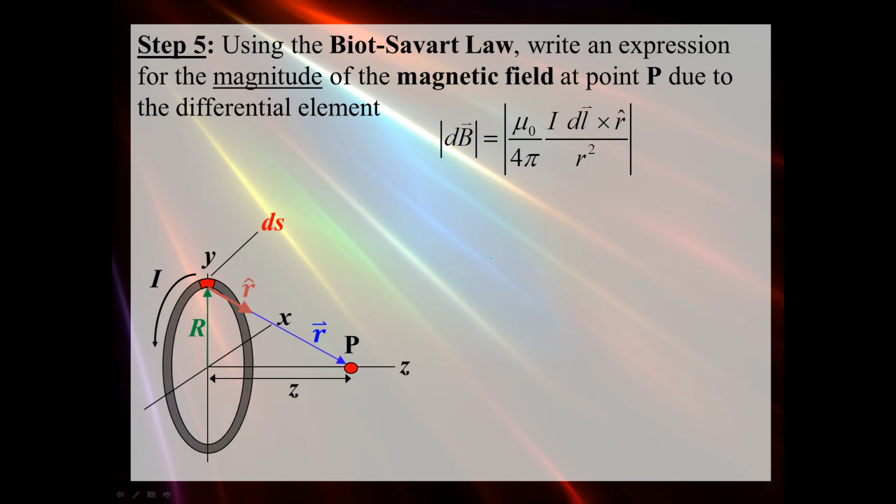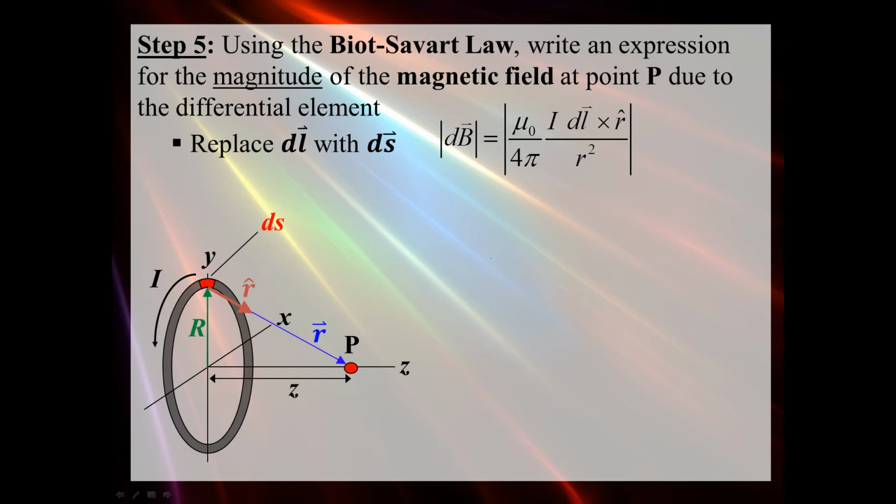So I'll have dB is equal to the absolute value of mu naught over 4 pi times I, and the cross product of dl with the unit vector r hat, and then divided by little r squared. If you remove those absolute value signs, then that is the Biot-Savart law, and we're allowed to start at that point because the law is given to us. We don't need to understand how the Biot-Savart law is derived, we're just going to go ahead and use it.